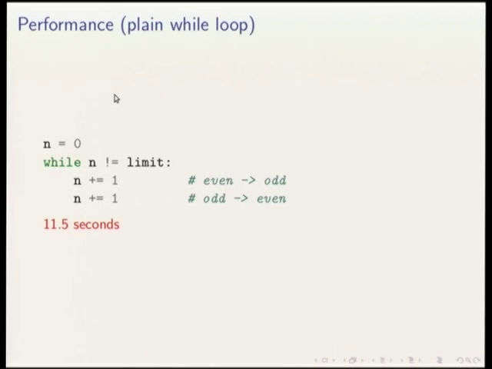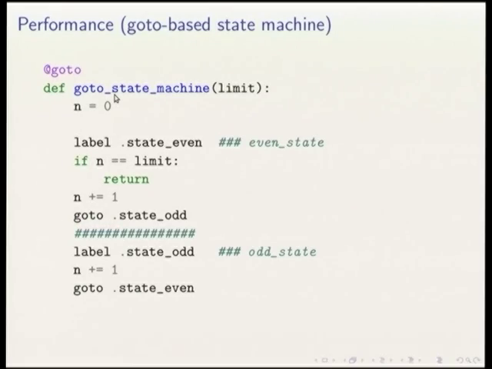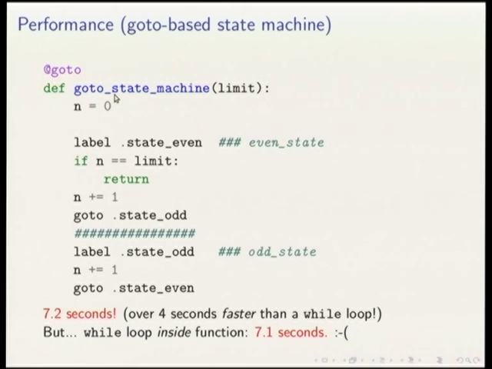So I put this into a function and disassembled it with the dis module, and the bytecode was almost identical to my Goto one. And then I ran it again, and it turns out that when that while loop is inside a function, it only takes 7.1 seconds, but when it's outside a function, it takes 11.5 seconds. I have got no idea why.